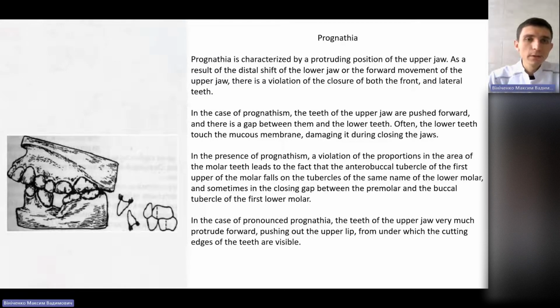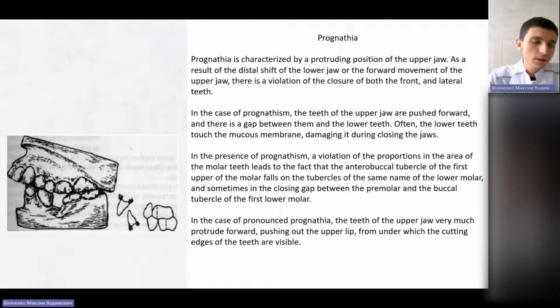So the next is the prognathia. Prognathia is characterized by a protruding position of the upper jaw. As you could see on this picture, the upper jaw is protruded as a result of the distal shift of the lower jaw. It could be not only the distal shift of the lower jaw. There are three types.